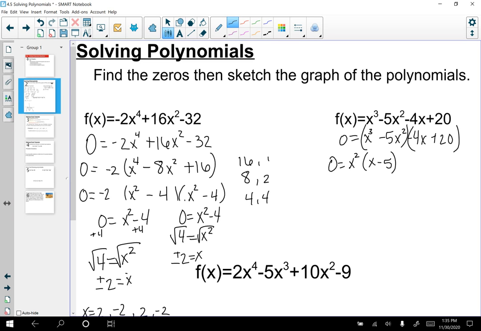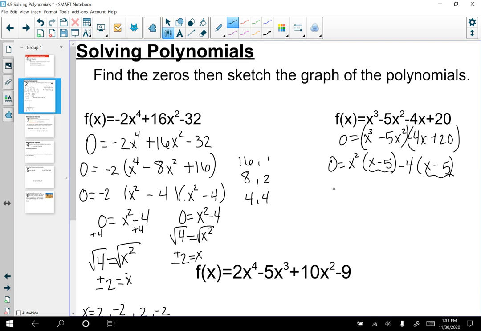Now I look at my second term. What do those both have in common? I know 20 is divisible by 4, so I'm going to pull out that -4. And I'm left with now x. And when I take 20 divided by -4, I get -5. Okay, so now I see these are the same.